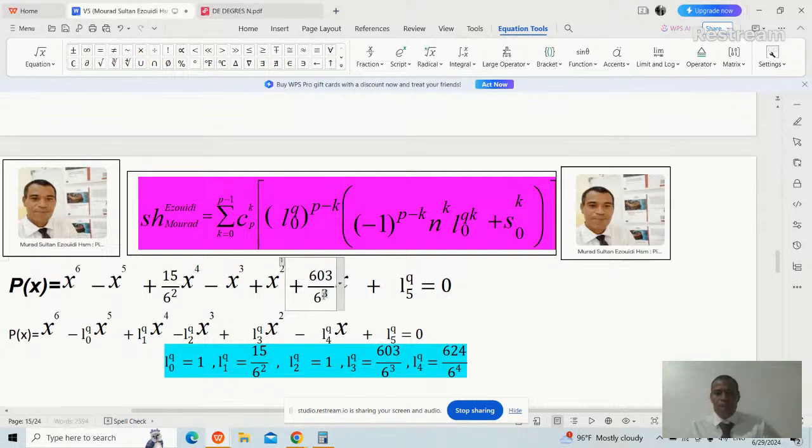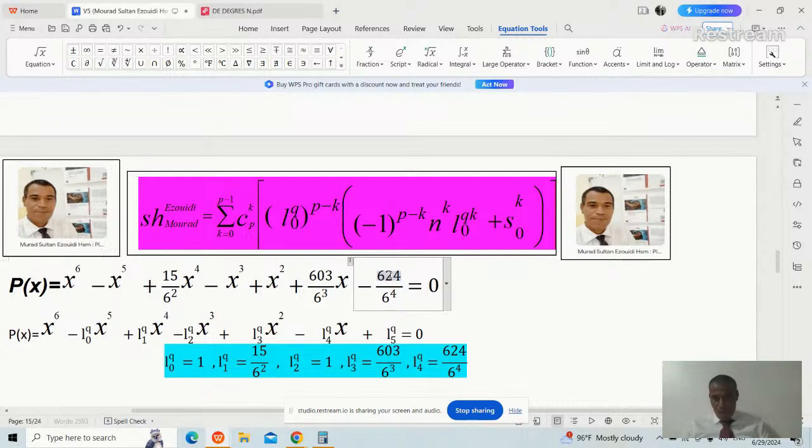Okay, and the last one, I will use this already. Okay, minus what? Minus 603 divided by 6 raised to the power 4. Okay, 624, Mr. Murat. Okay, 24.